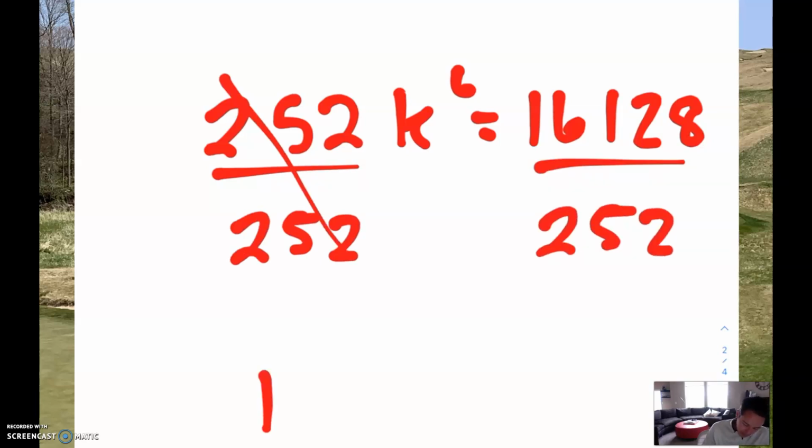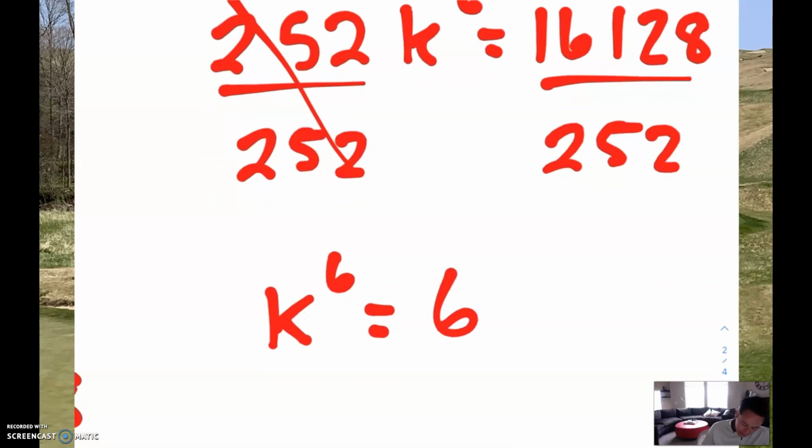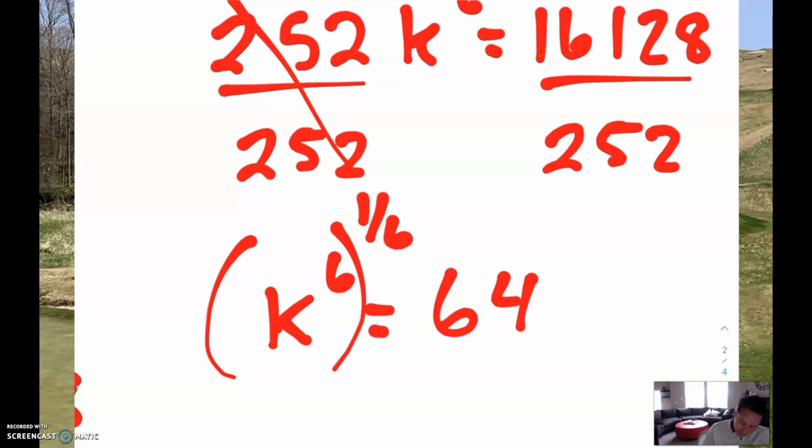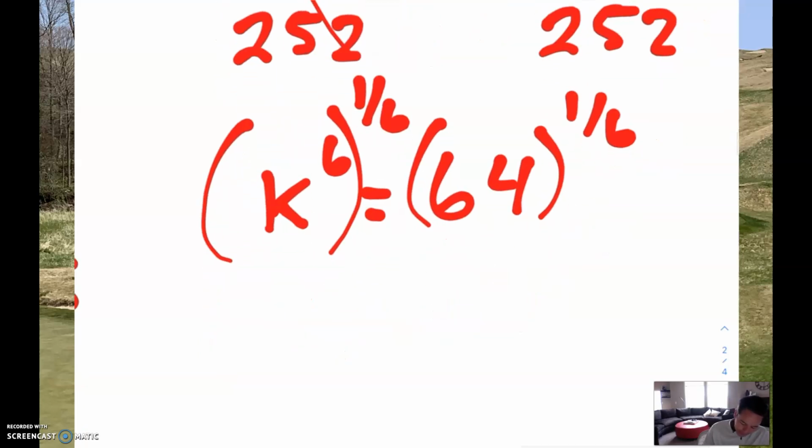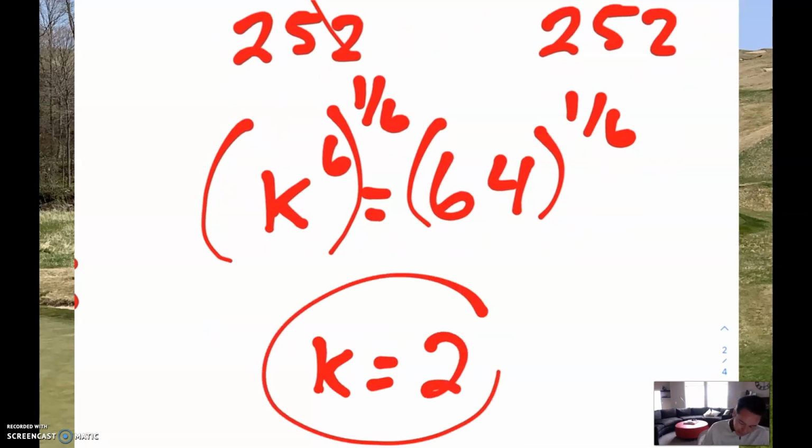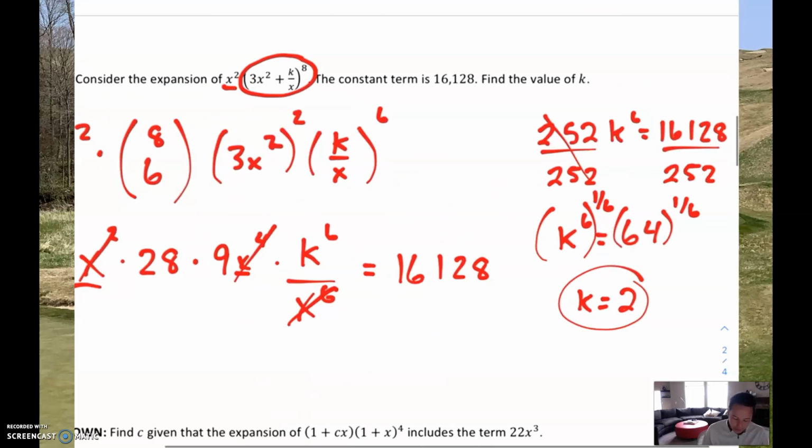They go away, and we're left with k to the 6th is equal to 64. And hopefully you remember from the other videos, to get rid of that 6th power, just raise it to the 1/6 power. And 64 to the 1/6 power is, oh, such imaginative answers here. k equals 2. So there is your final value of k.